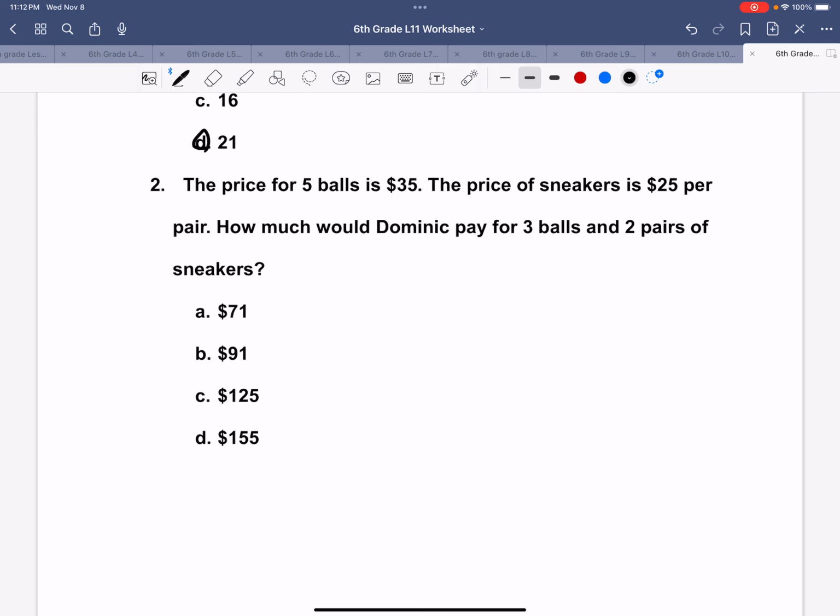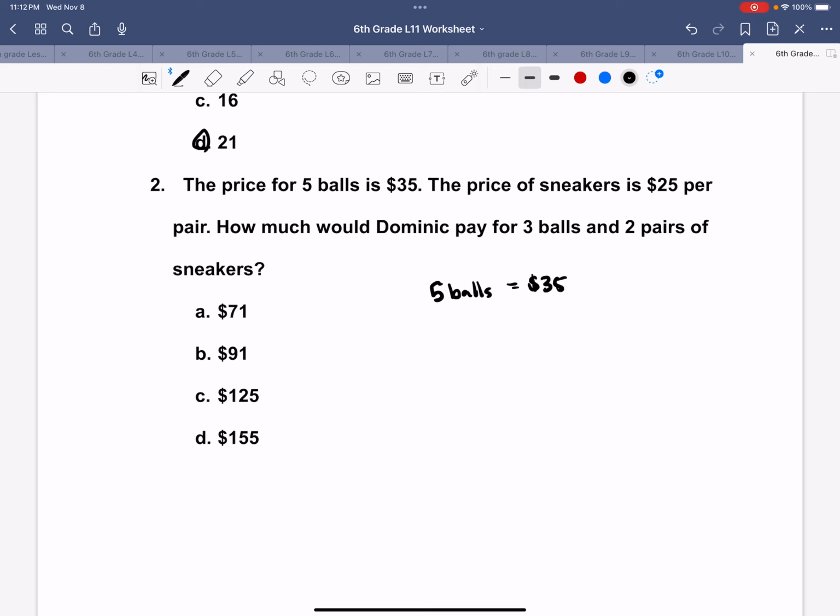Number 2. The price for 5 balls is $35. The price of sneakers is $25 per pair. How much would Dominic pay for 3 balls and 2 pairs of sneakers? So we want to know how much money 1 ball costs.